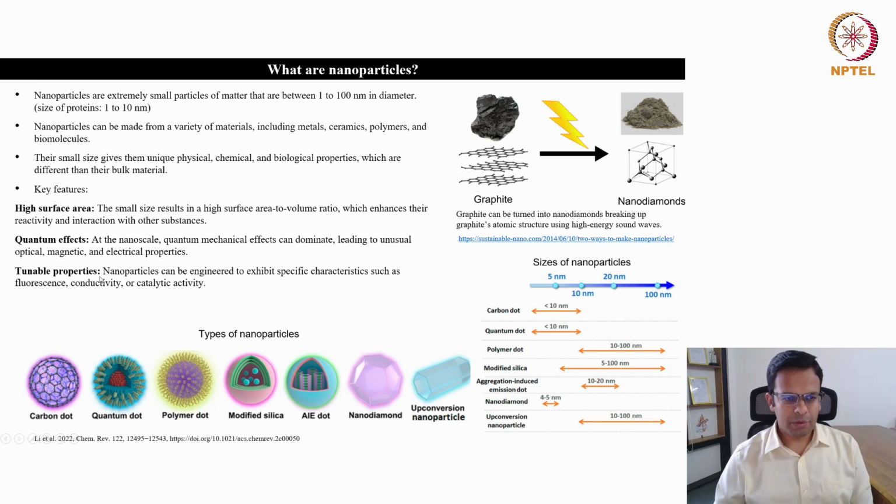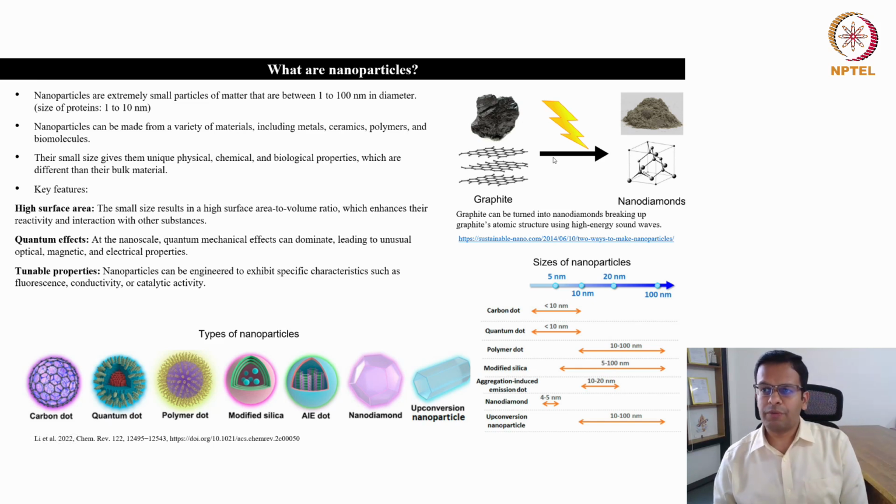And the tunability of the properties: nanoparticles can be engineered to exhibit specific characteristics such as fluorescence, conductivity, and catalytic activities. Most nanoparticles can have their properties fine tuned in several ways that we will learn in a later part of this lecture.